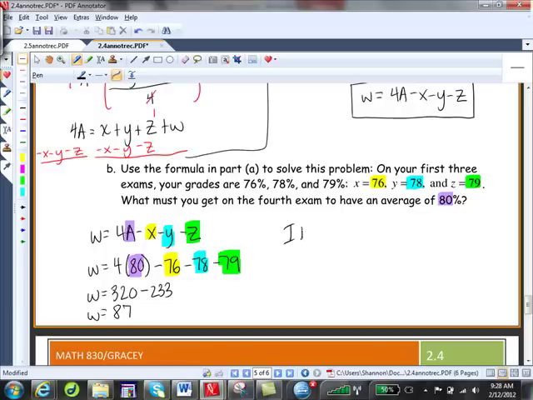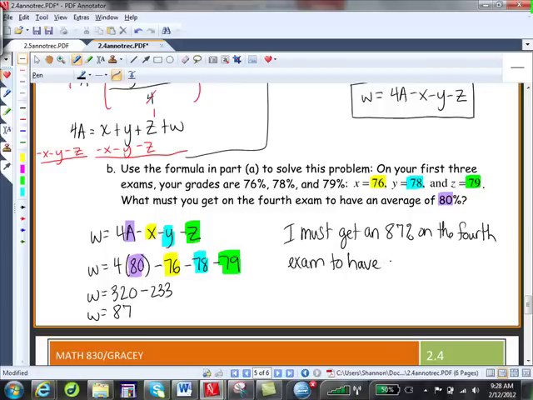It was a word problem, so let's answer this in words. I must get an 87% on the fourth exam to have an average of 80%.